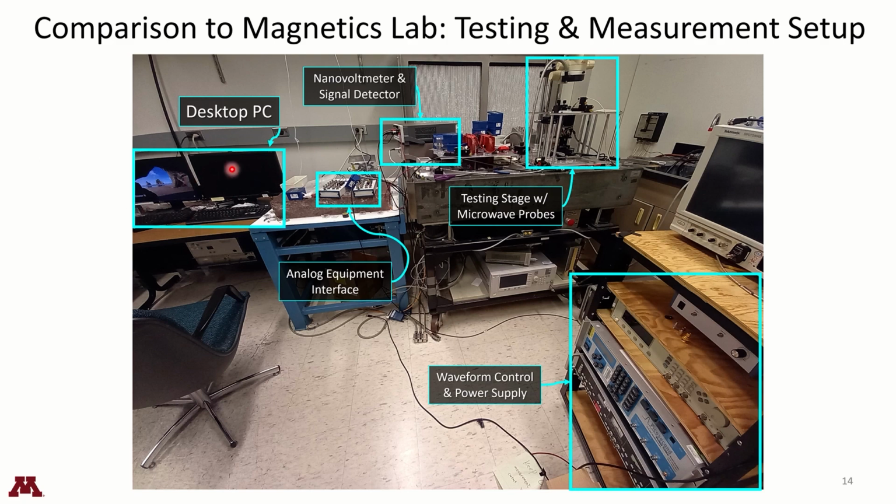All of these can be programmed on this PC, and then that PC is plugged into some cables that interface with this analog to digital interface, and then from there that goes and plugs into this waveform control, which is connected to a power supply.